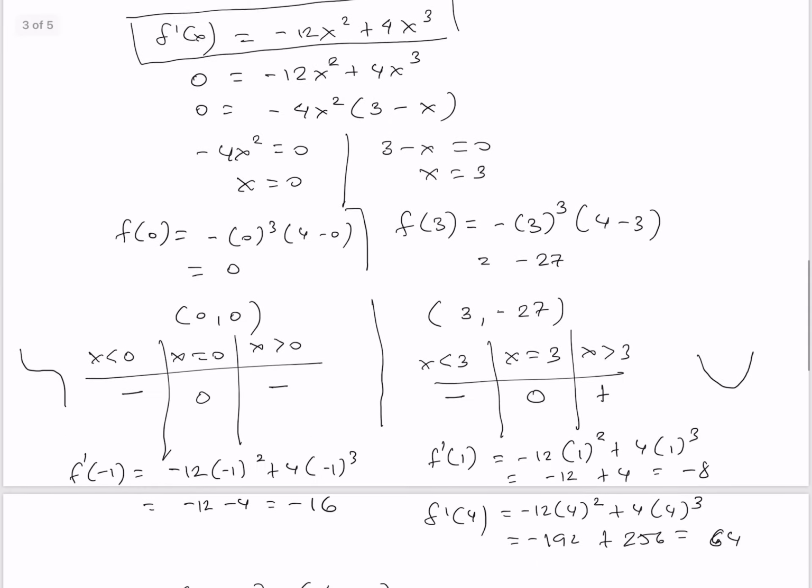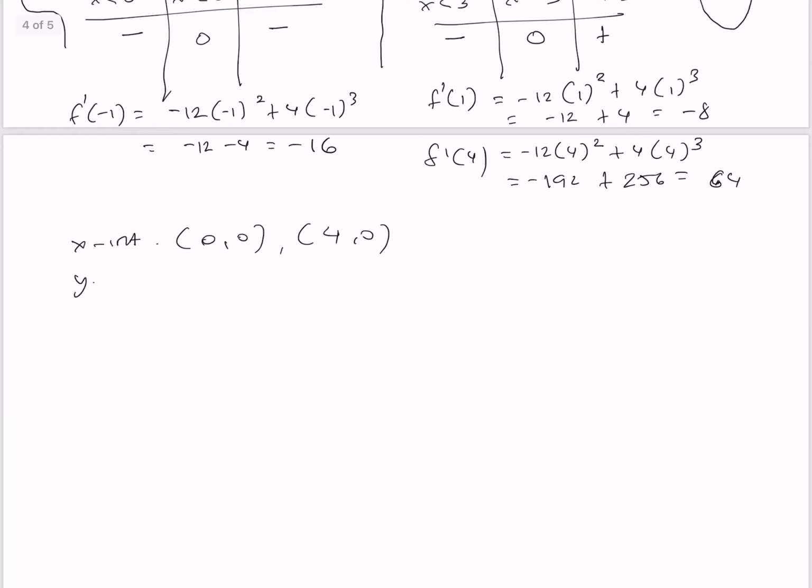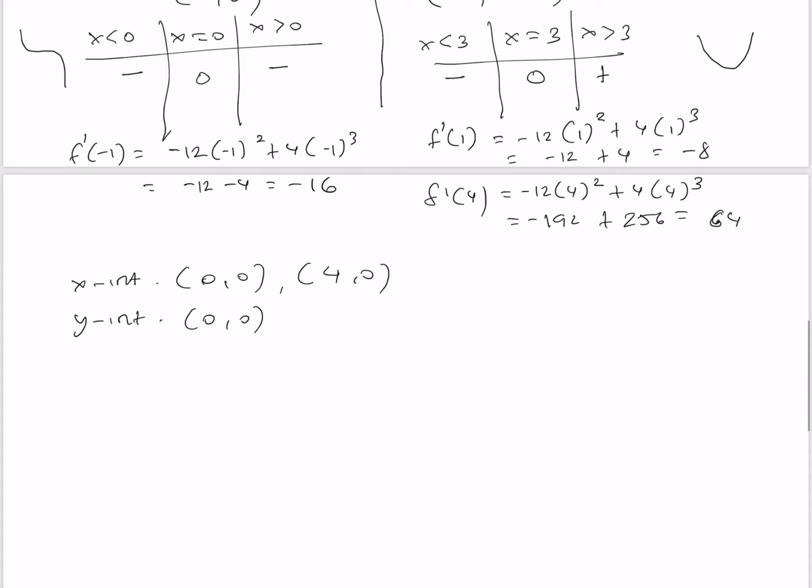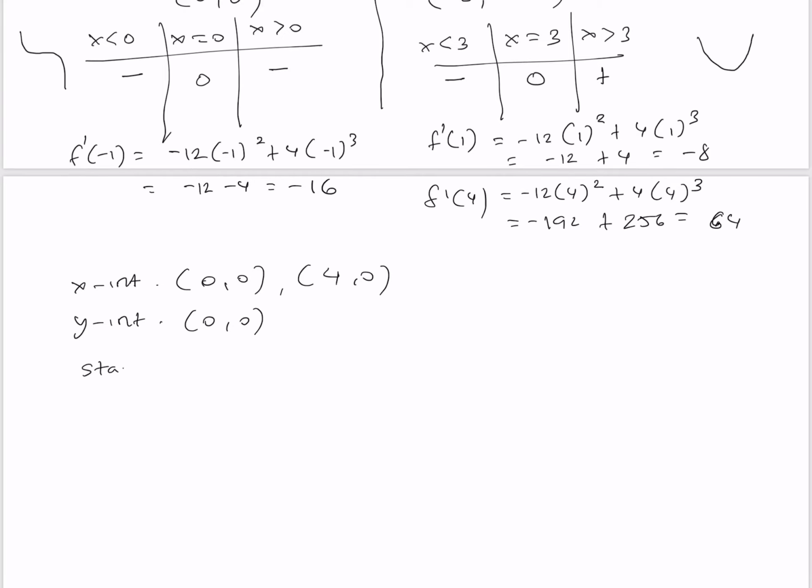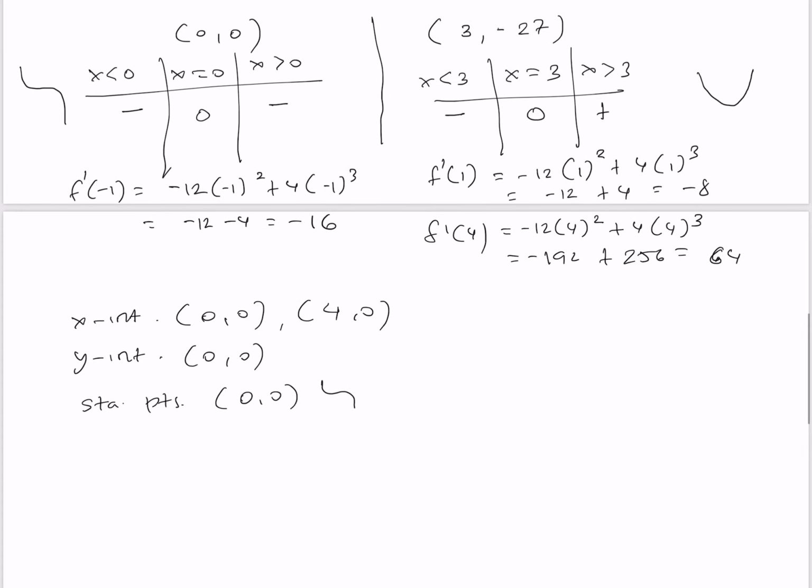And the y-intercept is (0, 0). And for the stationary points, at (0, 0) we have a negative inflection, and we have (3, negative 27), which is a minimum value.